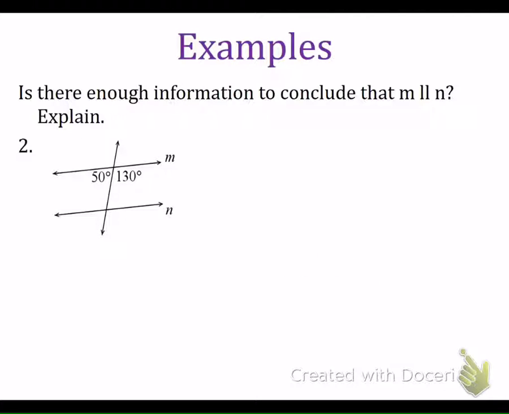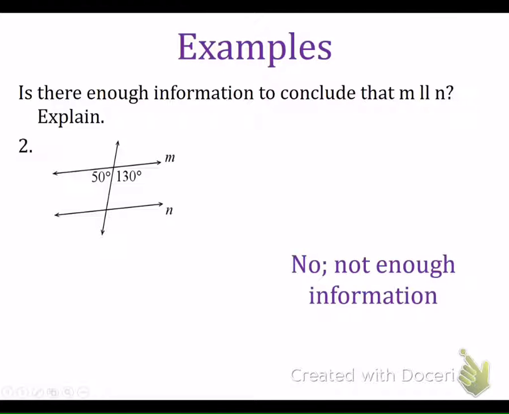Here's number 2. So, again, we're trying to decide if there's enough information to conclude that M and N are parallel. Here is always a good indicator that there's not enough information. Do we know anything about any of the angles down here? No. So do you think we can make any conclusions about these two lines related to one another?